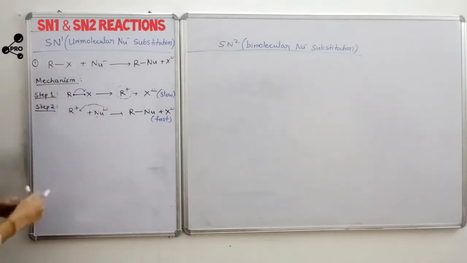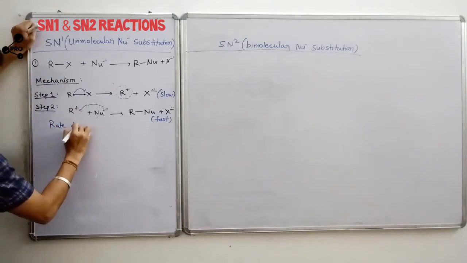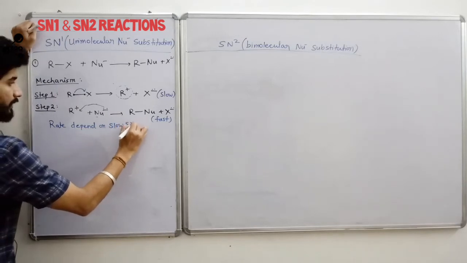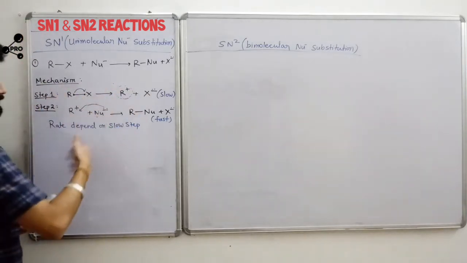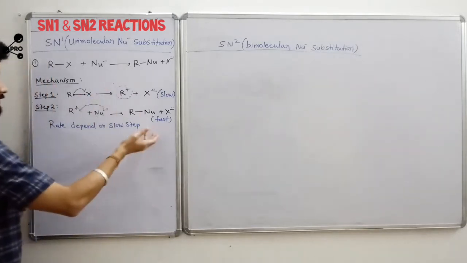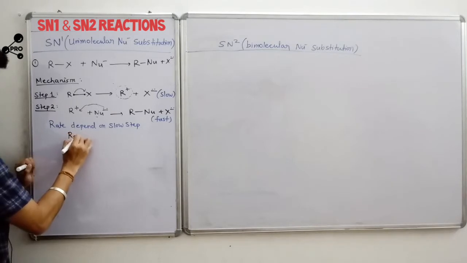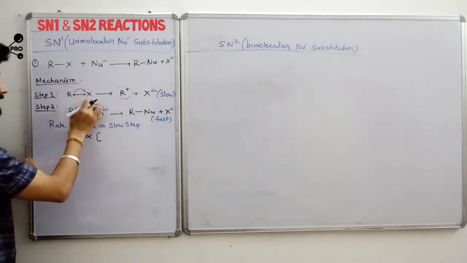Clear? Okay, so now we know that rate depends on the slow step. And which one is the slow step? By using the concept of stability and instability, we already found that the first step is the slow step. So the rate is directly proportional to the alkyl halide, which we already see in the first step.